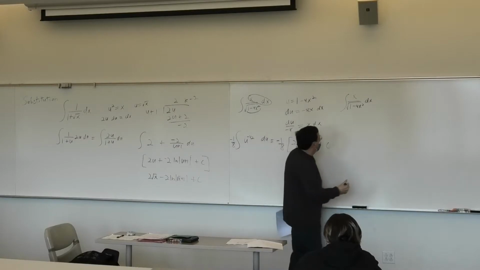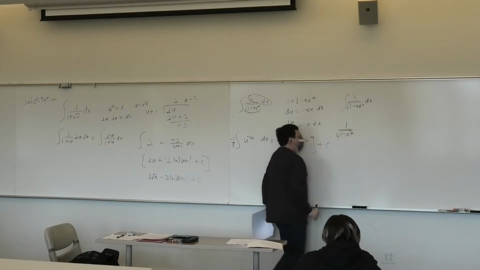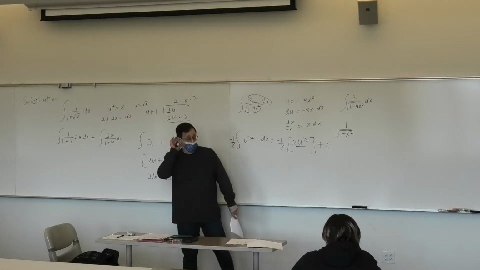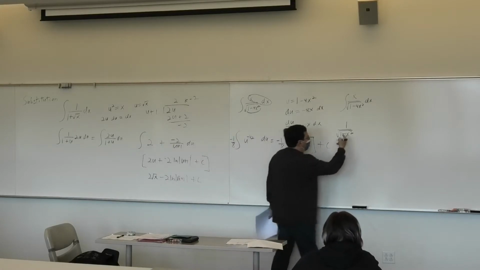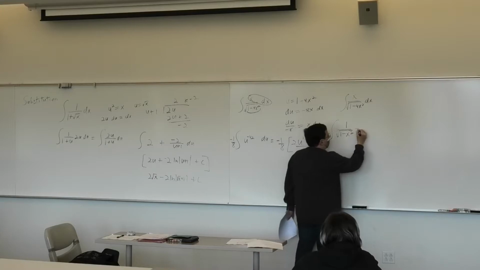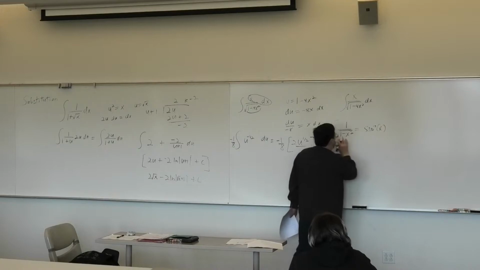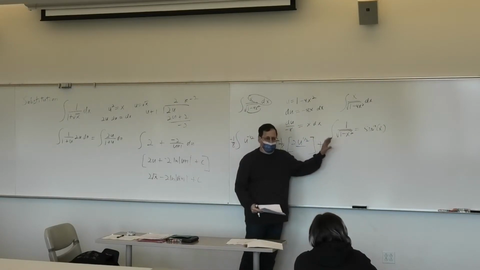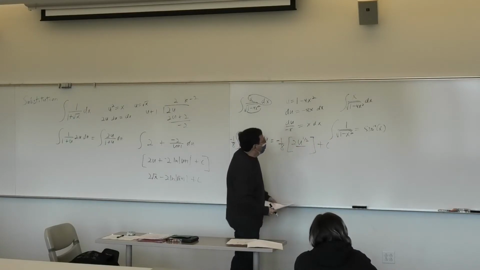You think, I remember there's some function with 1 minus x squared that you know the antiderivative of, don't I? Close. The antiderivative of this would be the inverse sine. The inverse tangent would be for 1 plus x squared. A slightly different pattern, but good. Pattern matching is what you need to do here.